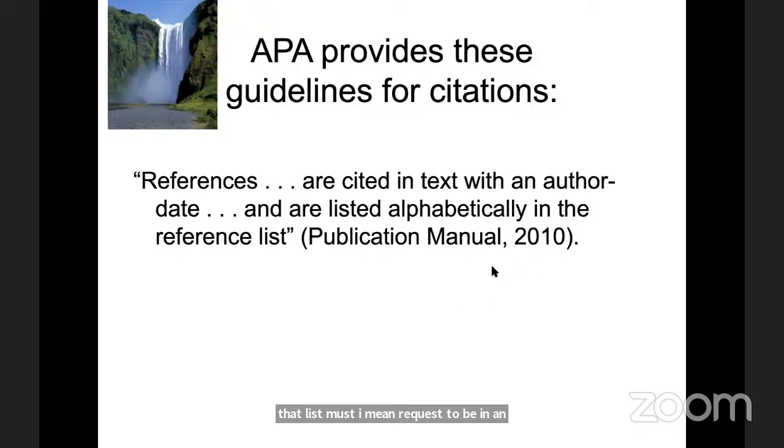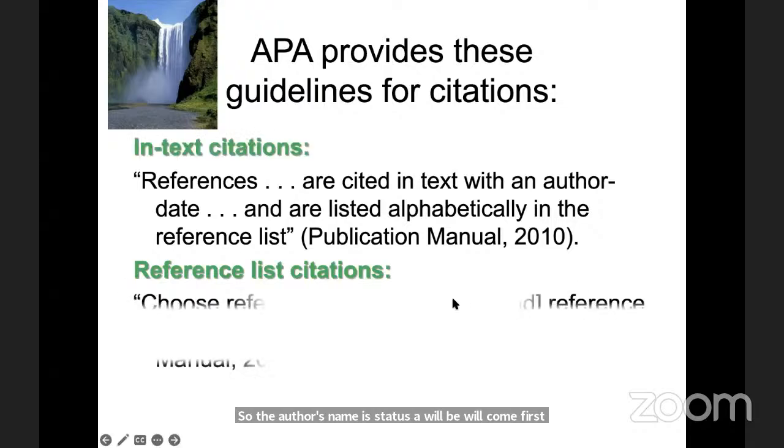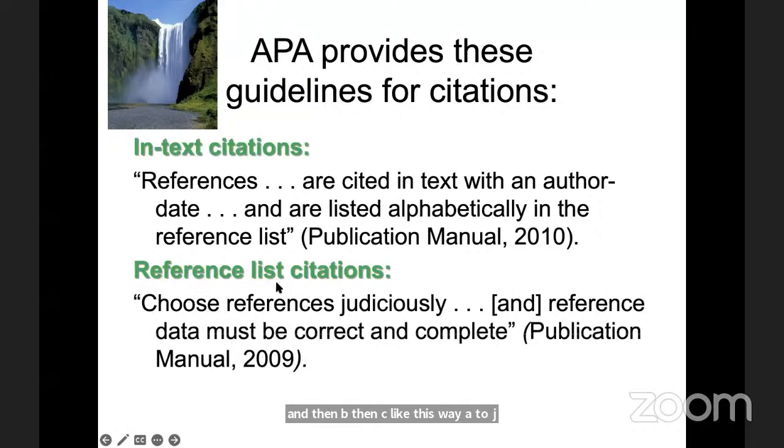That means A to Z. The author's name starting with A will come first, then B, then C, this way, A to Z. Then in the reference list, choose references judiciously, and reference data must be correct and complete. So that is another one.